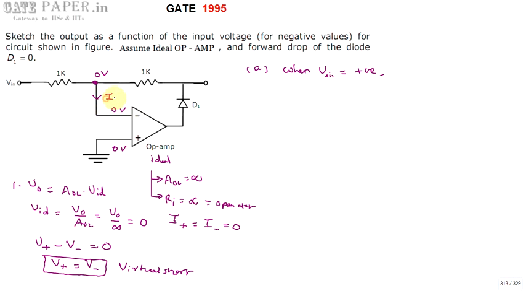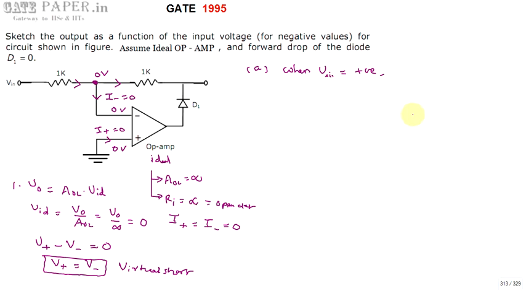Whatever current comes from this 1 kilo ohm, the same current also flows through this 1 kilo ohm. That is the meaning. Okay, now we will see what happens for this one.